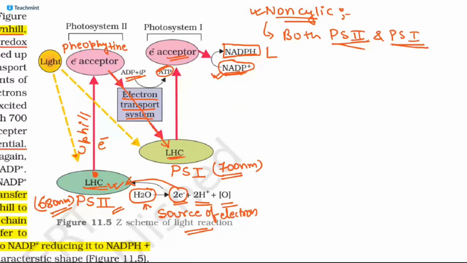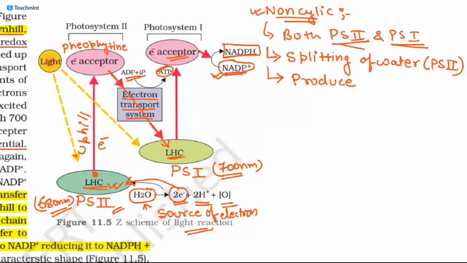So first, both photosystem 2 and 1 are involved here. The second characteristic is the splitting of water. Splitting of water takes place at PS2, not PS1. It produces 2 electrons and acts as a source of electrons, but it also produces oxygen.